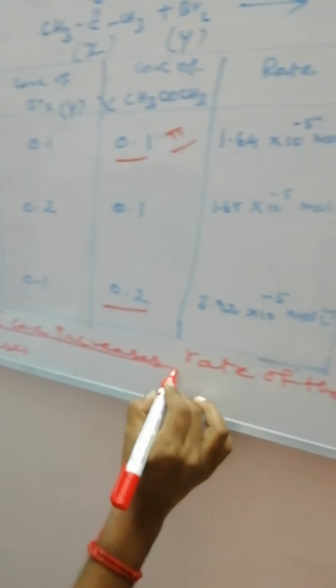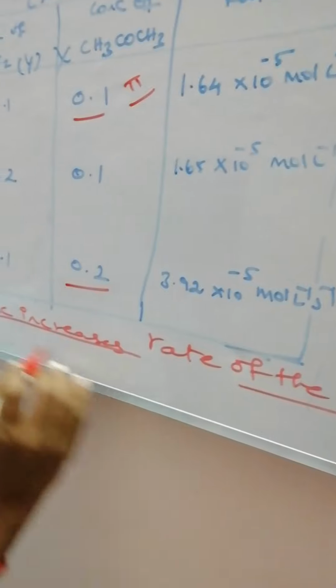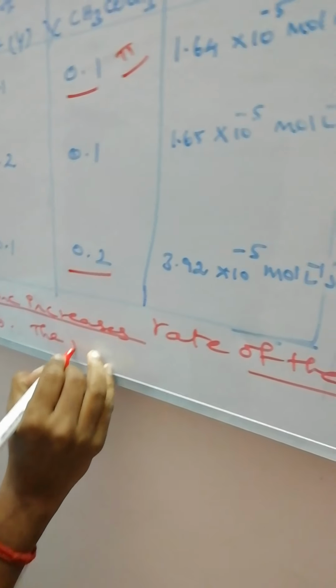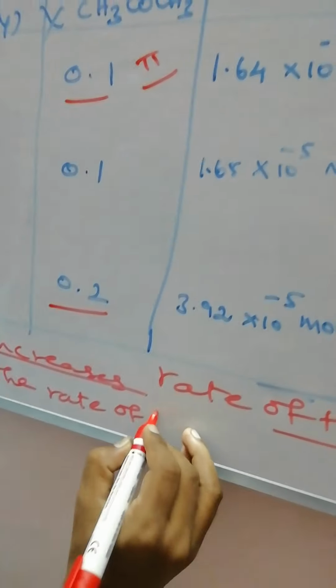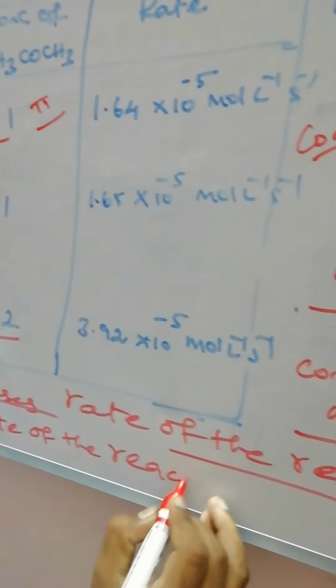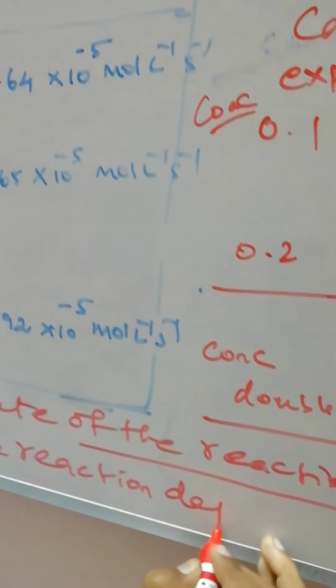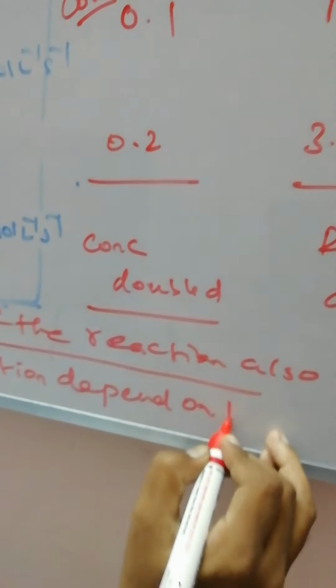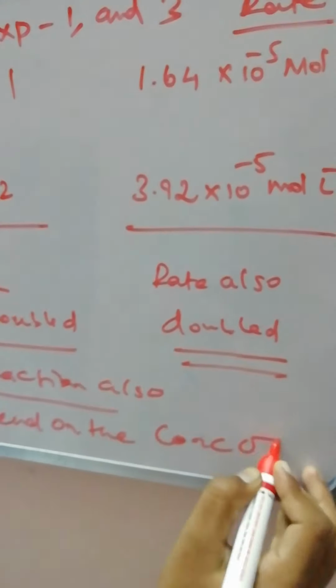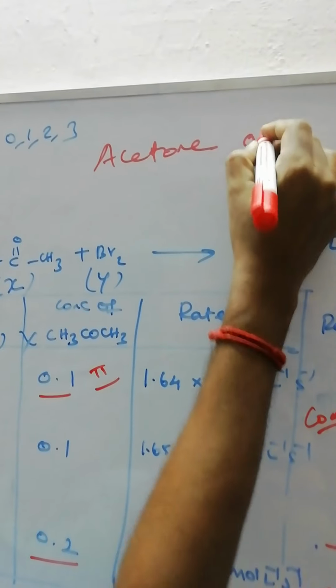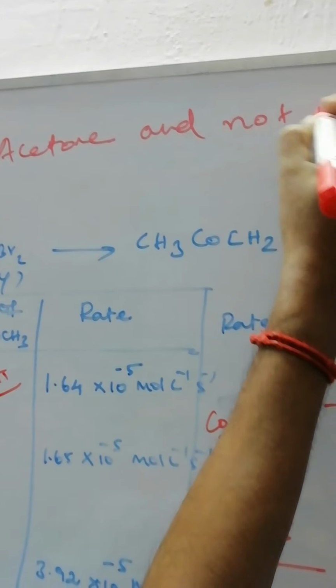If the concentration increases, the rate of the reaction also increases. So the rate of the reaction depends on the concentration of acetone and not on bromine.